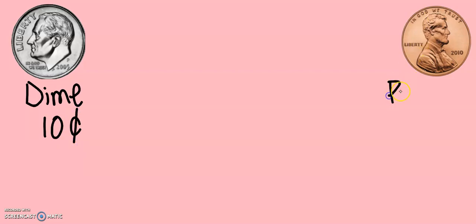Before we start adding with pennies and dimes, let's first discuss what we know about these two coins. Let's start over here. This coin is our dime. The dime is worth 10 cents. This coin is a penny.